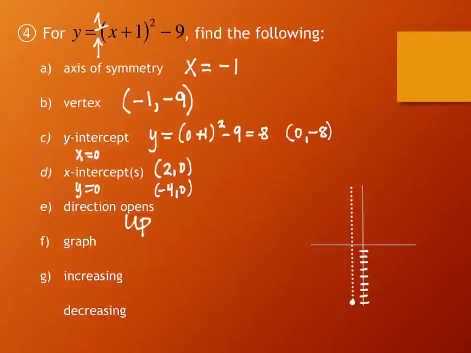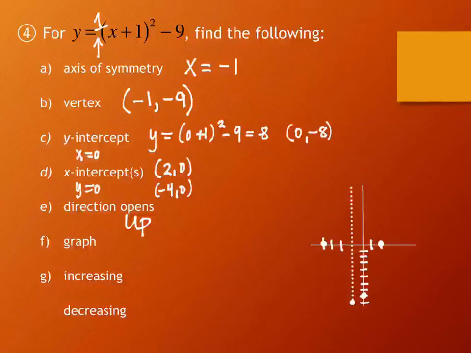My y-intercept is at 0, negative 8. And I have two x-intercepts, 2, 0, and negative 4, 0. So those are all the pieces that I found so far.